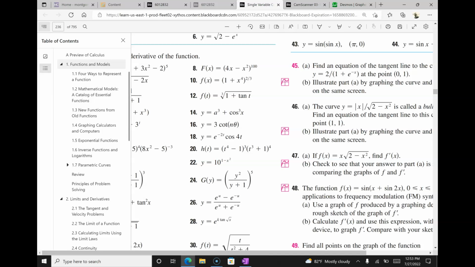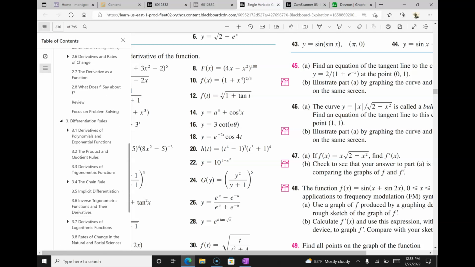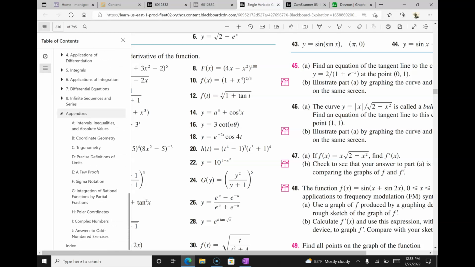And I think there is some pre-cal in the back as well. There's a section on trig. I'd rather you go back to your pre-cal book, or go to the library and borrow one.